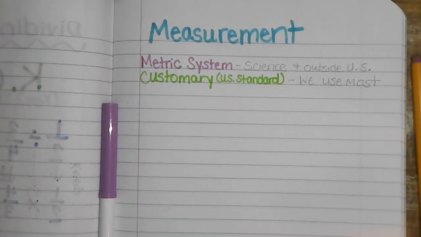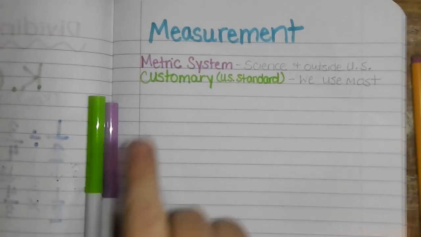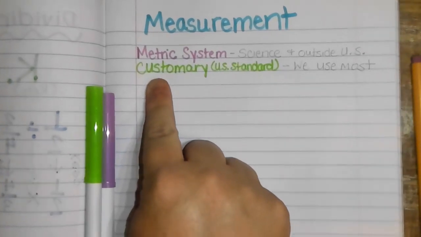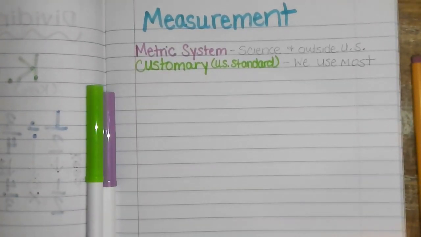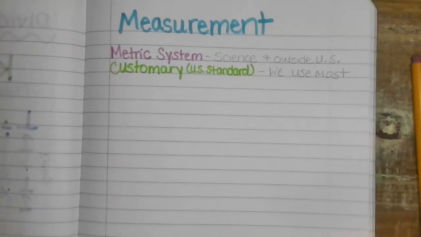Okay, so now I'm going to make a T-chart of sorts, or maybe I should say a table. In the table, I'm going to divide it up. Our table is going to have two sides: a metric side and a customary side. I know that you guys have done a lot of measurement converting while you've been using Zearn, and that's great.